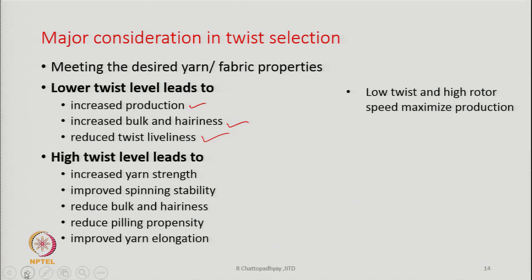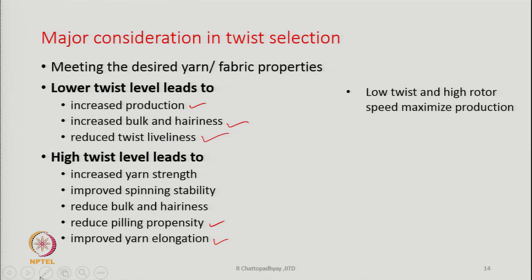High level of twist, on the contrary, will lead to increased yarn strength. It will improve spinning stability, reduce the bulk of the yarn, as it will look a little thinner because diameter will go down. It will reduce pilling propensity and it can improve yarn elongation also. So, the advantages are stated here, and depending upon that we should choose the twist.